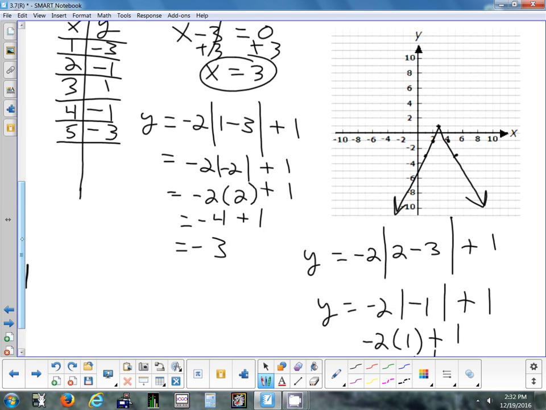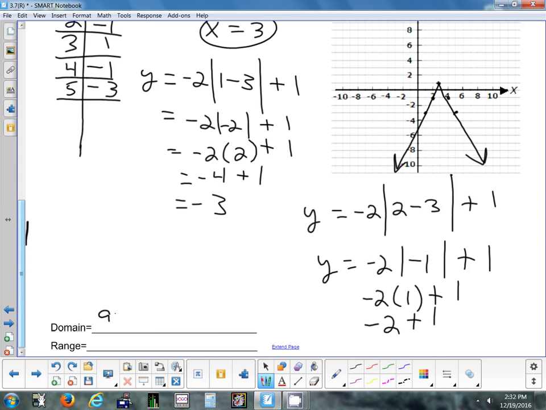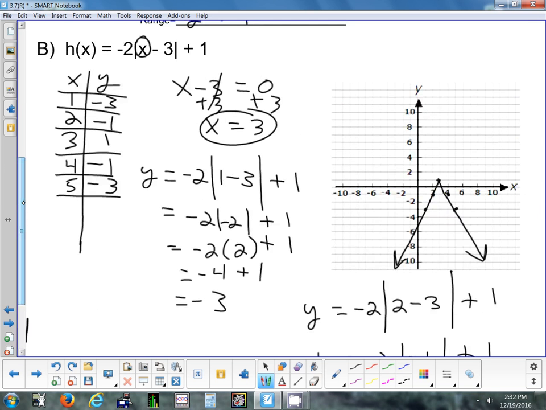And then the range is y less than or equal to 1. This time your range is less than. Earlier we were saying you're always going to put greater than, but not always. In this case, it's less than.